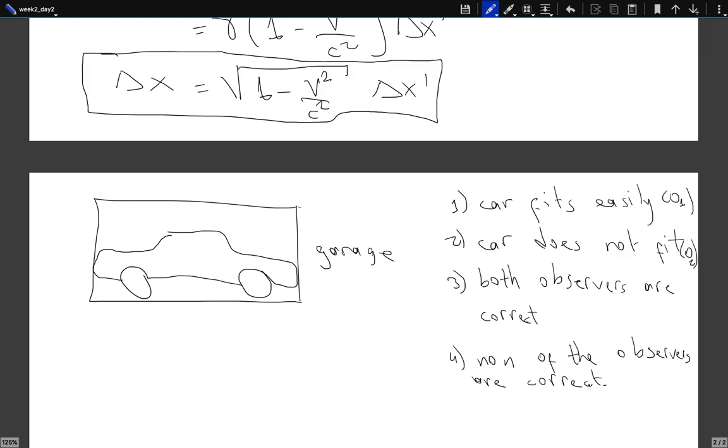This sensor over here looks whether these lamps are on or off. And you will say that it looks at them at the same time, right? Yes, that's at the same time, but that will be true for the observer which is at rest with the sensor.